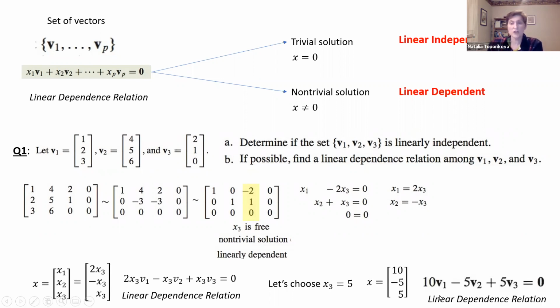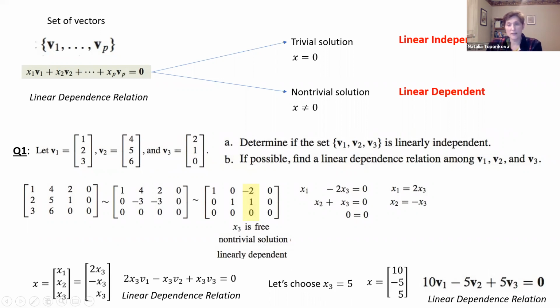So maybe we'll just write down one specific example of a linear dependence relationship. Again, keep in mind that our x3 can be 1 or 500 or any number, but it's worth writing it down. For example, you can see how this equation looks much cleaner and neater than that one. So I find it's useful to use a number as an example here.